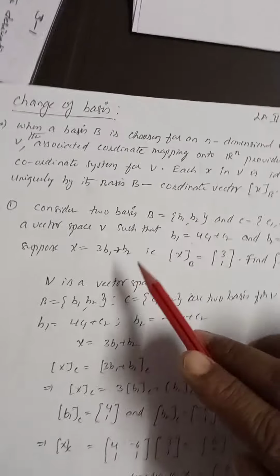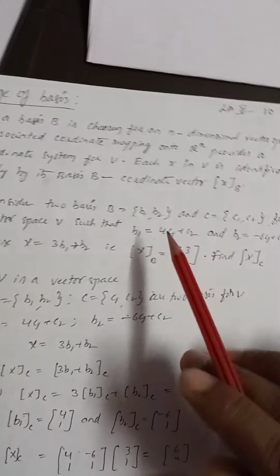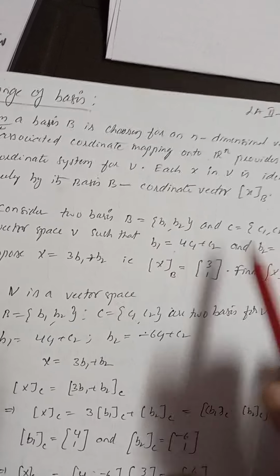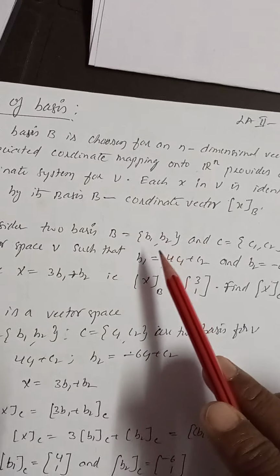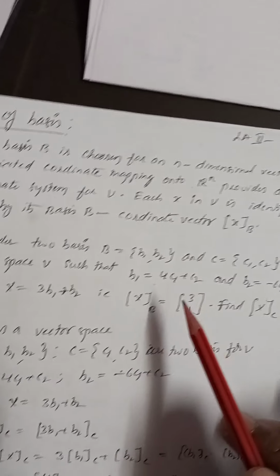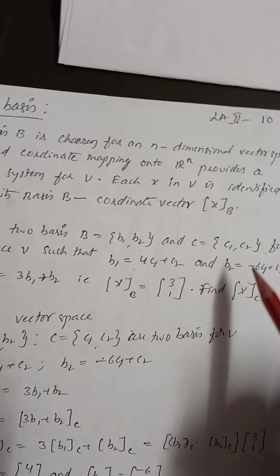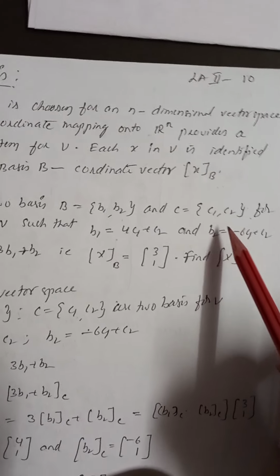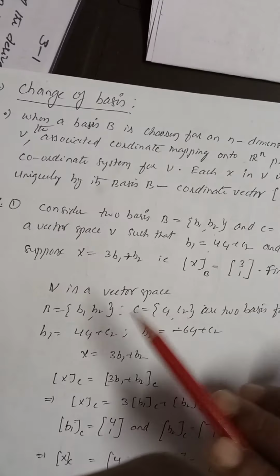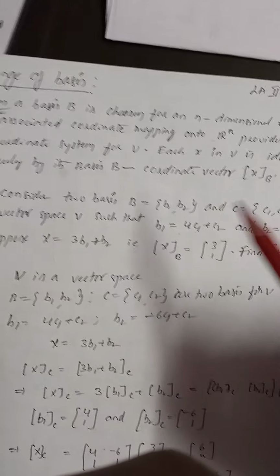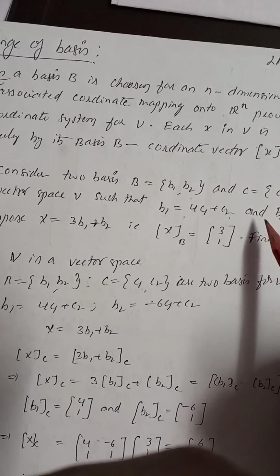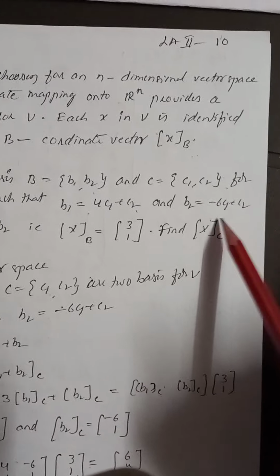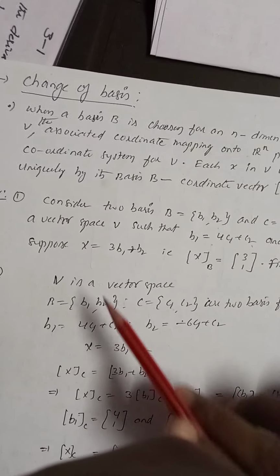Now consider an example. Two bases are given to you, B and C. B is equal to {b1, b2}. The basis contains two vectors, b1 and b2, and C is another basis containing two vectors only, c1 and c2, for a vector space V, such that b1 is equal to 4c1 plus c2 and b2 is equal to minus 6c1 plus c2.